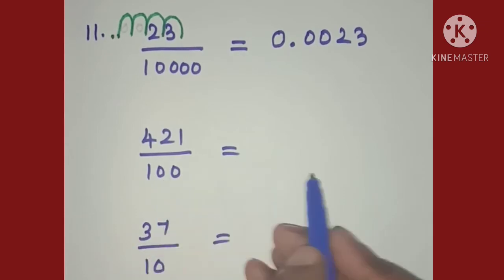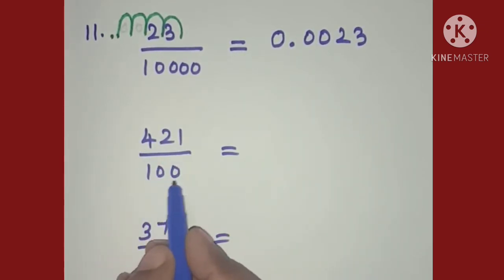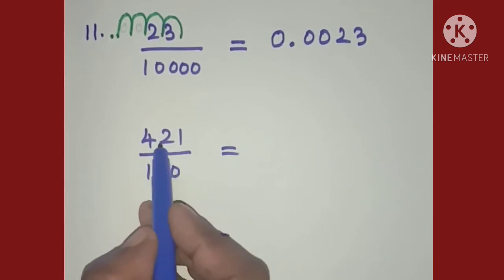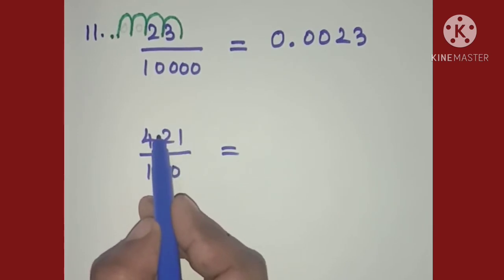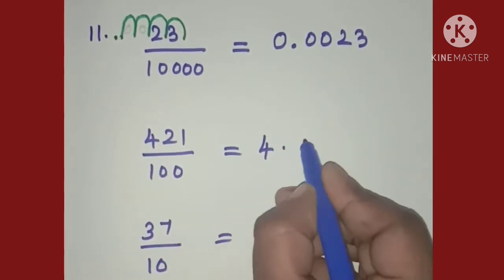Here students, let us try 421 by 100. There are 2 zeros, so after the decimal point there will be 2 digits. The decimal point will be between 4 and 2, that is 4.21.